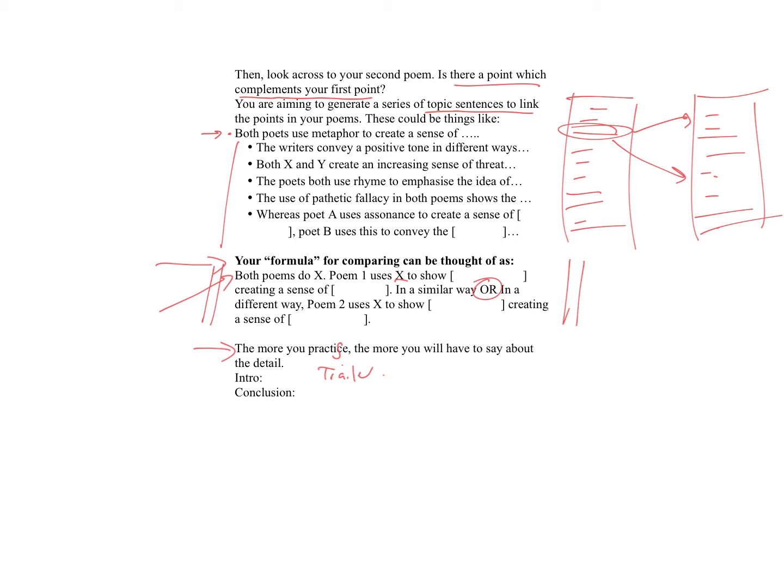Especially if you're doing it in an exam, that's brief and introductory. And by the time you conclude, again, it's a wrap-up line for an exam-style essay that says, in this way, both poets not only use this, this and this to show, but also this, this and this to create a sense of, right?